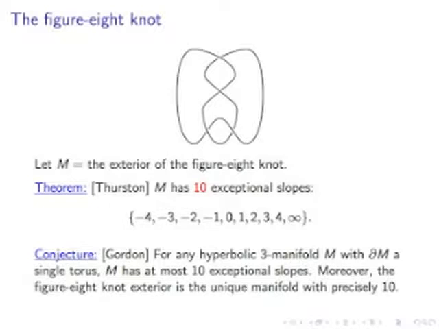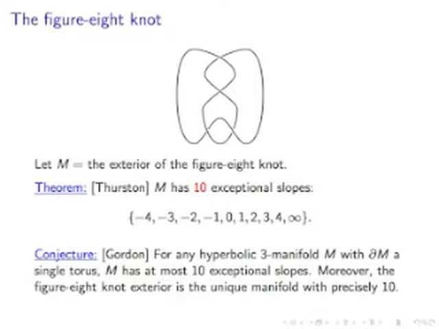And so people took up this theme and explored various examples, and it seems that this was as bad as it could get. That 10 seemed to be the biggest number of exceptional slopes on a hyperbolic manifold. And this was then upgraded to a conjecture by Cameron Gordon: for any hyperbolic 3-manifold M with boundary a single torus, M has at most 10 exceptional slopes.